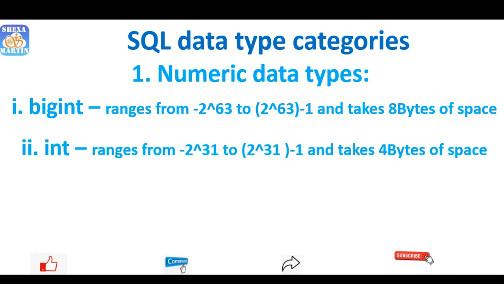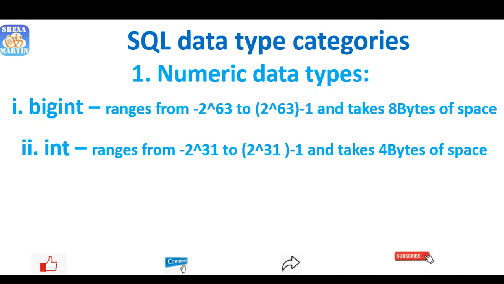And then let's move to an integer, the most common one. It ranges from -2 to the power 31 up to +2 to the power 31 minus 1. And this takes up 4 bytes. You can see that the amount of space is now reduced by half, and the range is also reduced. So this integer is smaller than bigint.